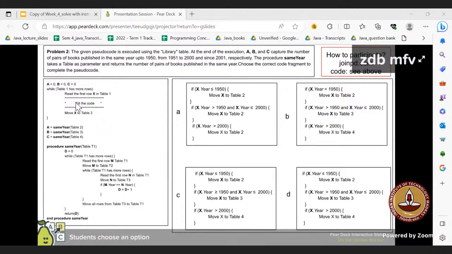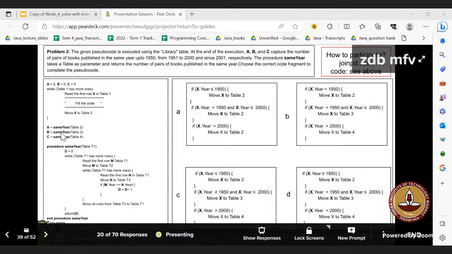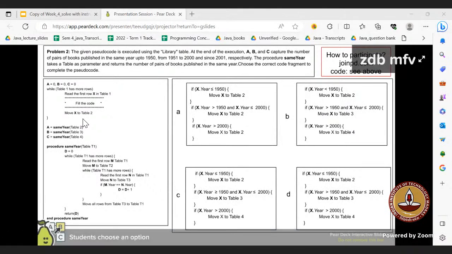In 1936, if 2 books are published, you count them as a pair, and that should be stored in A. But if 2 books are published in 1952, that should be counted in B. And if it is after 2001, like 2010, if 2 books are published in the same year, that should be computed as a separate pair and stored in C. So basically you are binning the books up to 1950, between 1951 and 2000, and greater than 2000, and after binning you pass each to the procedure that counts the number of pairs of books published in the same year.